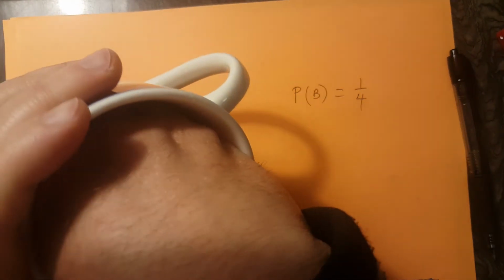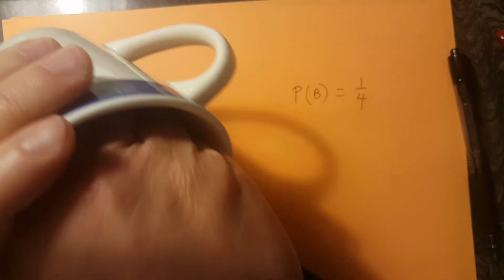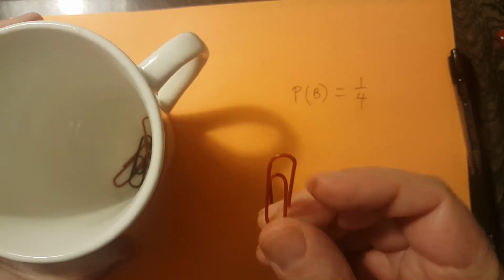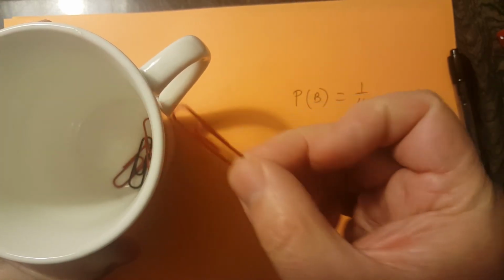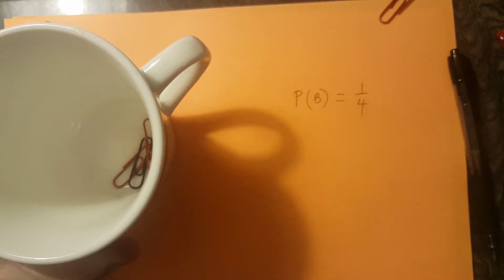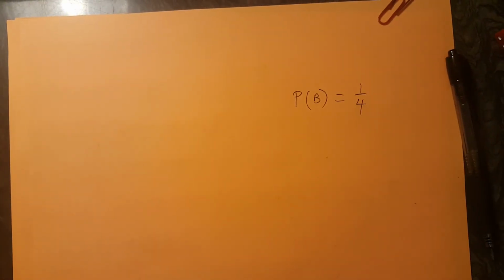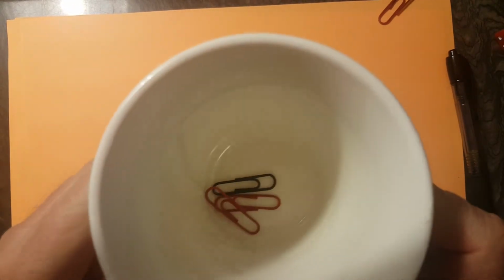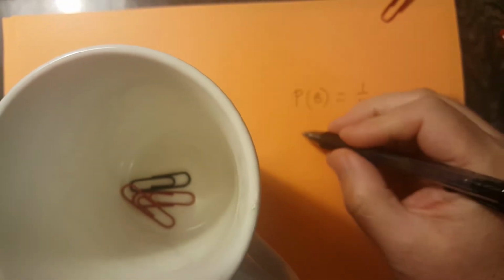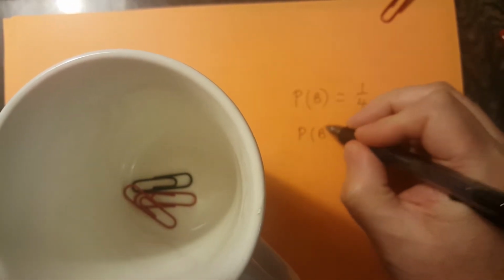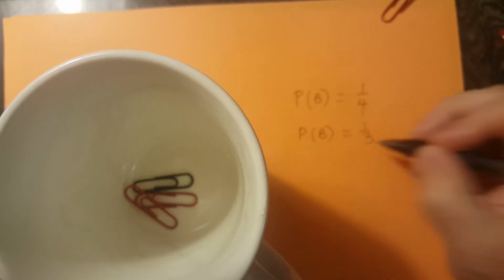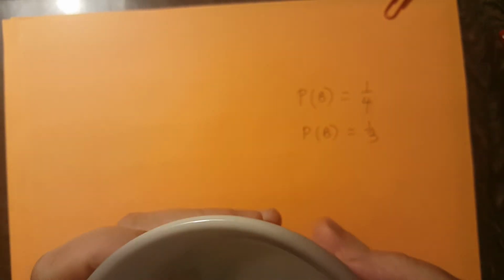But if I took the one that I pulled, I'll go ahead and do it again. I'll shake them up, I'll reach in, pull one out randomly. I got a red one, okay? Now if I don't put it back in, if I instead throw it away, okay, and then I do it again, now you can see there's only 3 paper clips left in there. So now my probability of black has become 1 out of 3, okay?